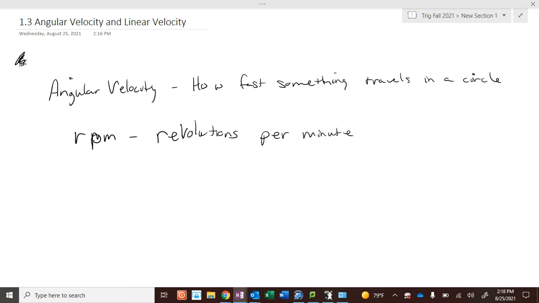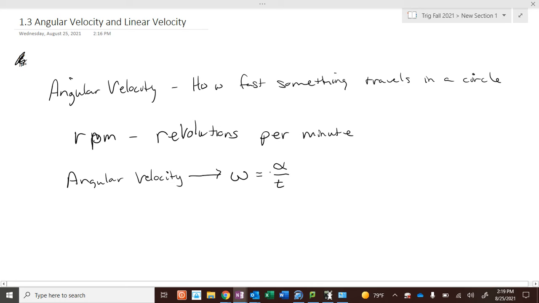Now, angular velocity doesn't go on revolutions per minute. It goes on how far you travel in radians. So for us, angular velocity is W equals the angle, the number of radians it travels over a specific amount of time.